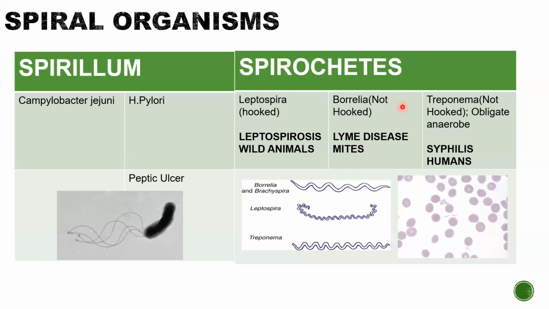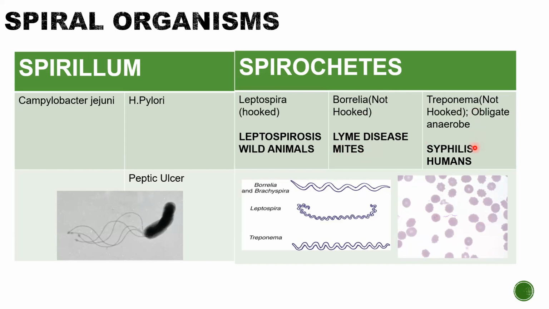Don't overstudy. You'll get a question like someone is in the forest and he's wearing shorts, and he got a bite, and this is how the organism appears on staining. What is it going to be? Borrelia, very easy. This is how questions go.